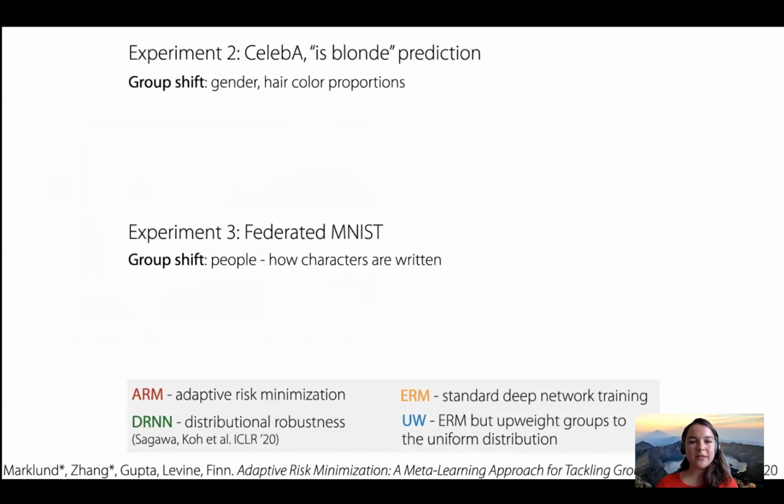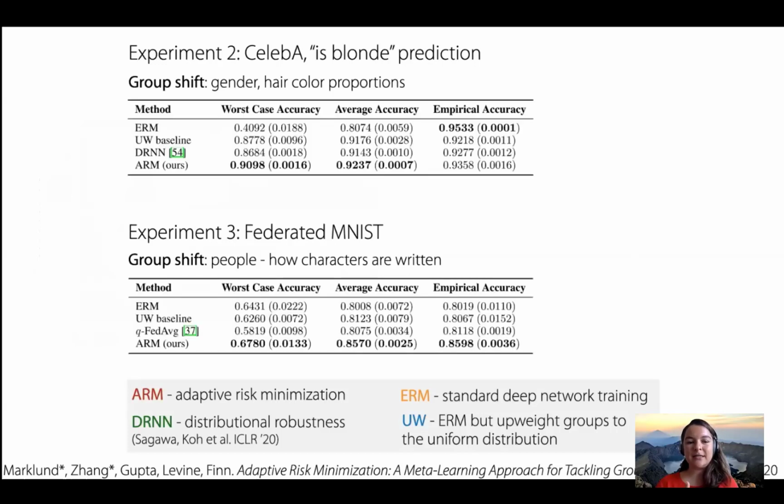And what we find in both of these cases is ARM is able to achieve better worst case accuracy and average case accuracy in both cases, and is also able to achieve good empirical accuracy as well, and get close to empirical accuracy of ERM in the case of CelebA. And one of the things that's pretty cool about this federated MNIST setting is that you're actually adapting to new users at test time. And this is a bit different than what group robustness typically looks like.